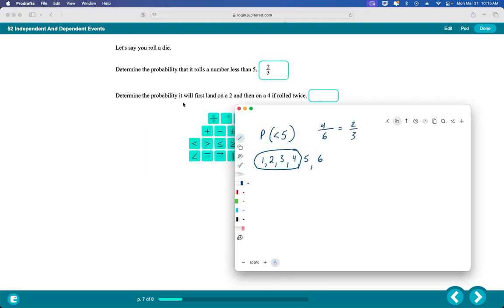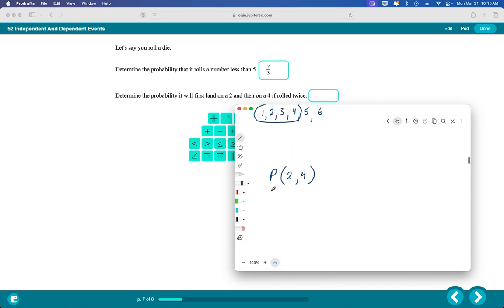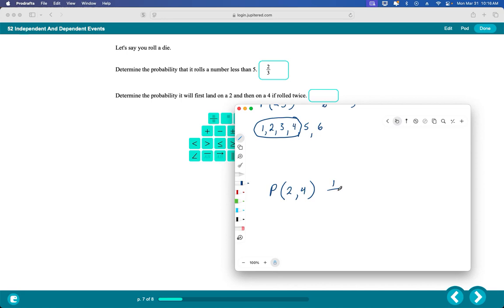Now let's look at the next one. Determine the probability it will first land on 2 and then on a 4 if rolled twice. So again, we've only got these 6 options. We want it to land on 2. 2 is 1 of the 6 options. 4 is 1 of the 6 options that it could possibly be, right?